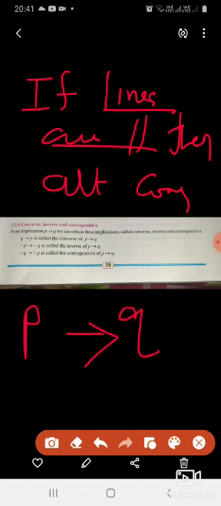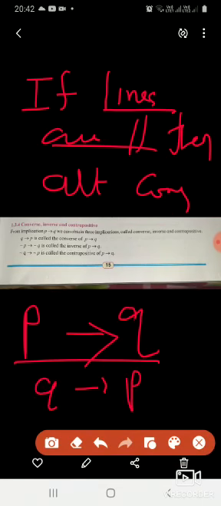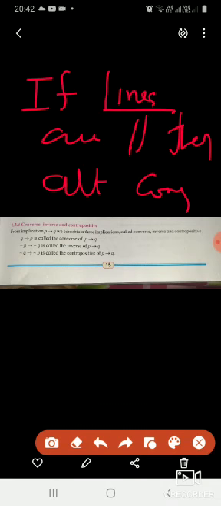For the conditional statement, what is a converse? Converse means we are going to write from Q to P. That means if alternate angles are congruent, then the lines are parallel. This is the converse.